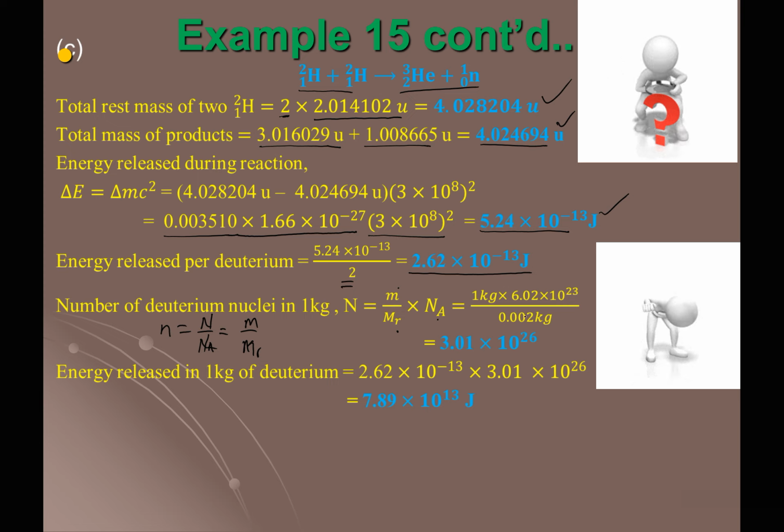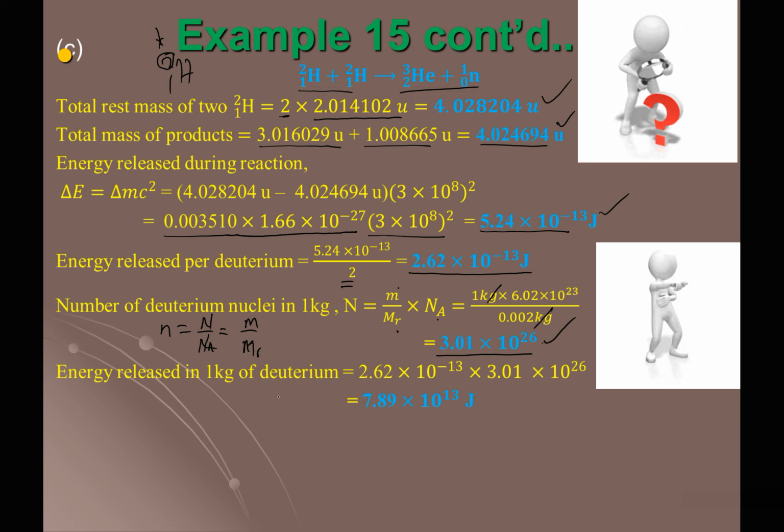The molar mass of deuterium, because it is H21, in grams is 2 grams. So I had to change it to kilograms, so I divided by 1,000. So kilograms, of course, cancels. When I divided, I got the number of deuterium nuclei in 1 kilogram to be that. So to obtain the energy released in 1 kilogram, I took the energy released by 1 deuterium nucleus times the number of deuterium nuclei, which gave me that amount of energy.